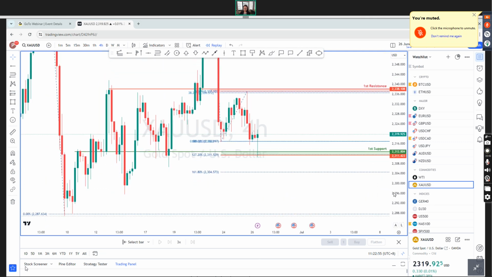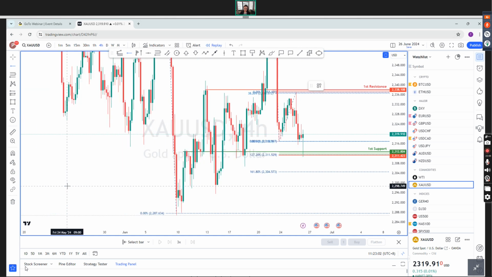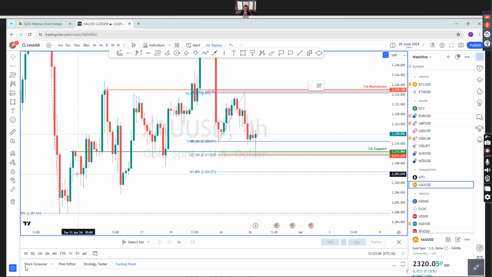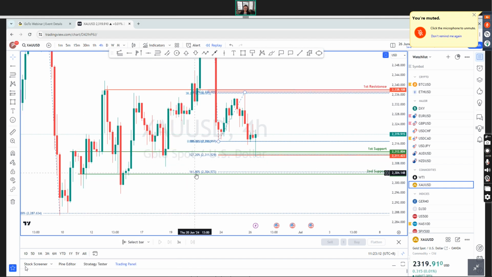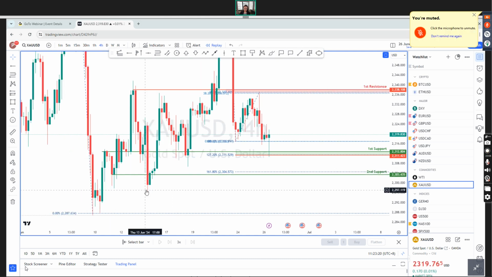Okay, and where is my next support? I identify at this. I might refer here. It may not be a good level, but I have my Fibonacci extension to support my level here. So I will identify here, because price might push all the way, but I will refer here.